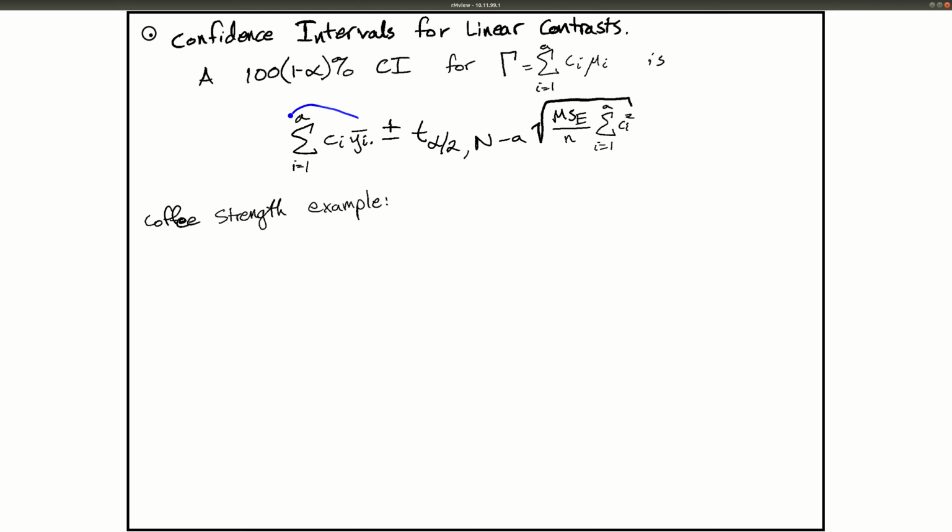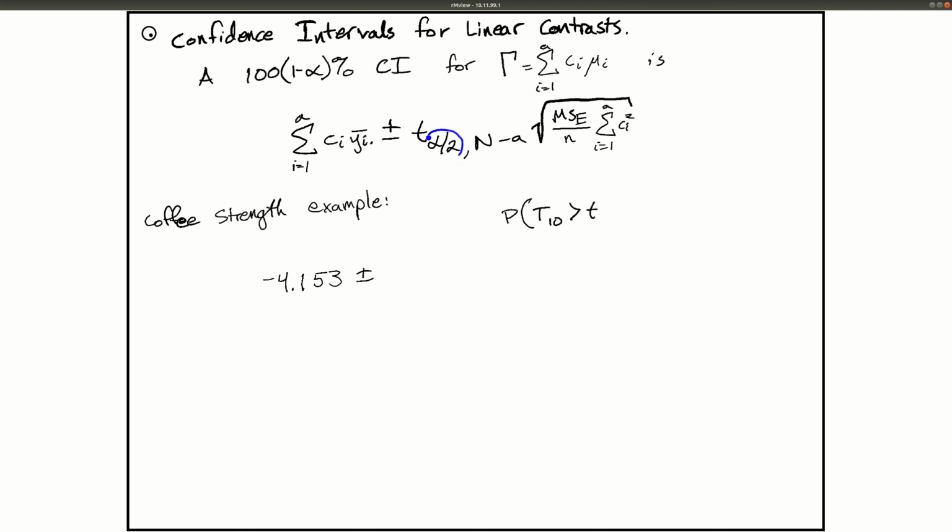So again, our point estimate for our contrast was negative 4.153 plus or minus our t critical value. We're looking for the value of a t random variable with 10 degrees of freedom that is greater than this t.